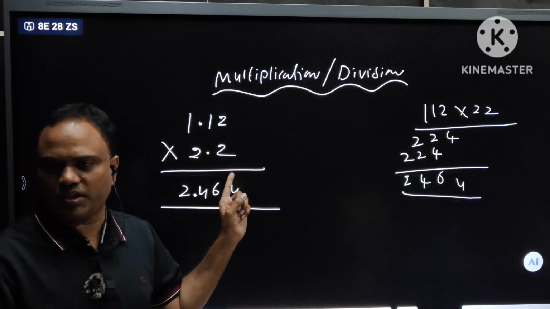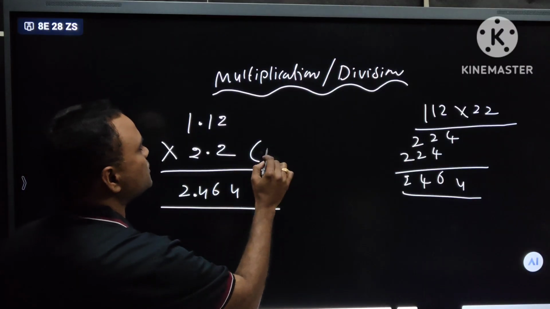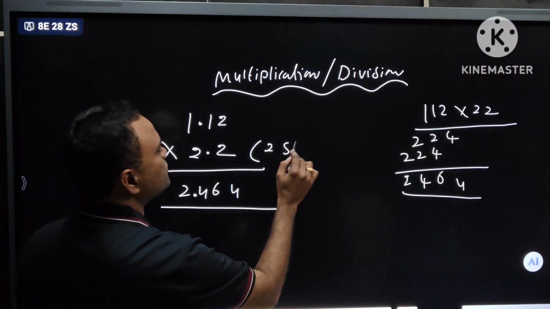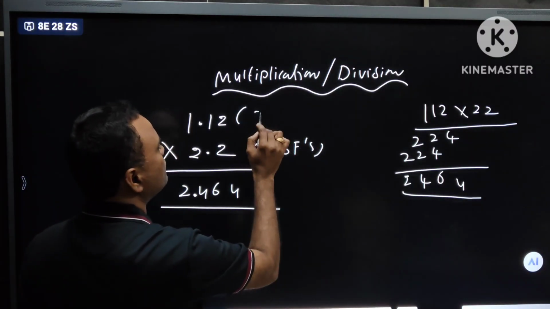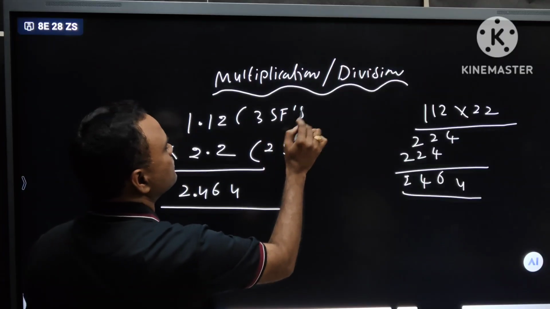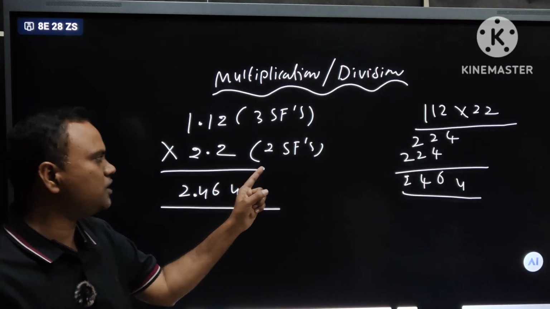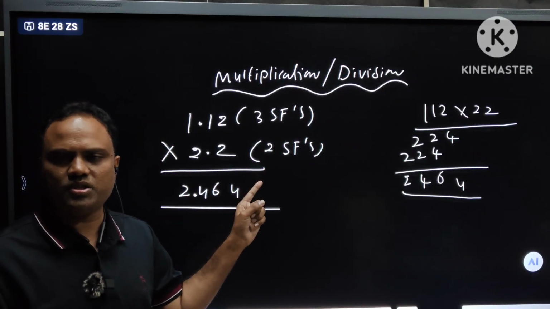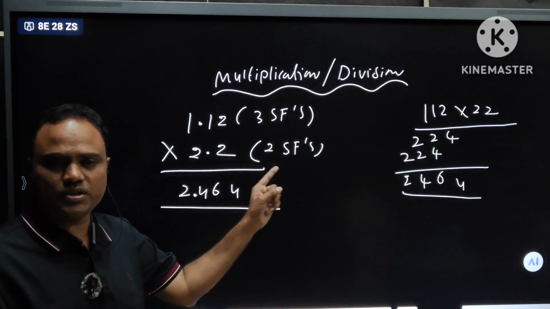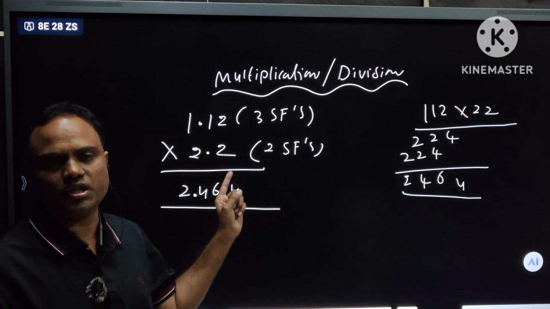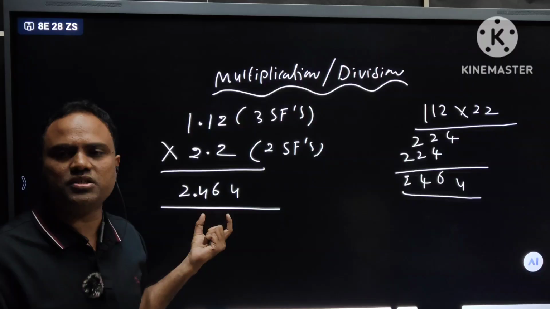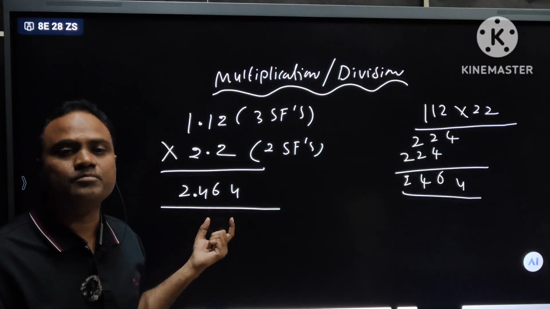Count total significant figures. Here how many significant figures do you have? 2. Here how many? 3. The final value should be reported to the same significant figures as the number with minimum significant figures. So how many do you have to maintain? 2.